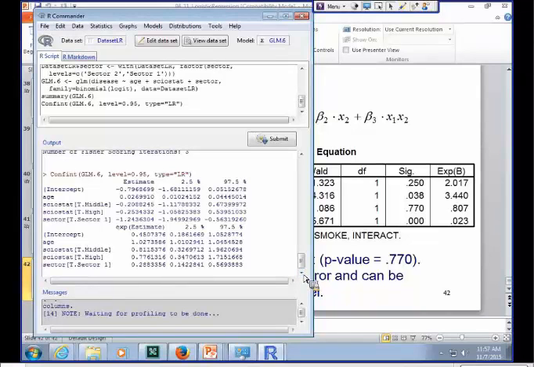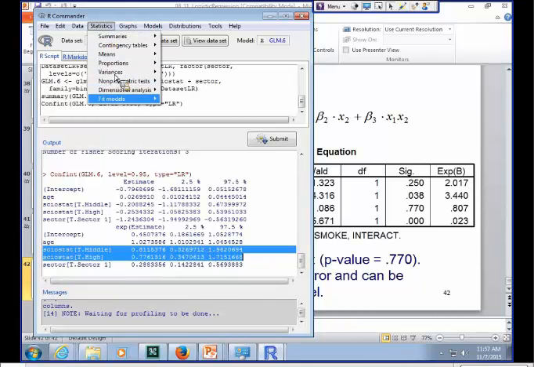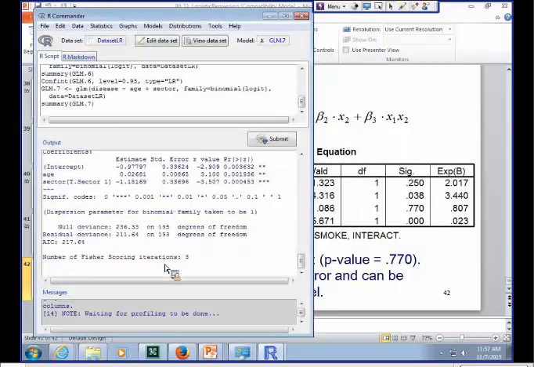But we can compare this model with those that don't have the socioeconomic status. Maybe we run the model with only two: Fit Model, Generalized Linear Model, and then only sector and age. I click OK.